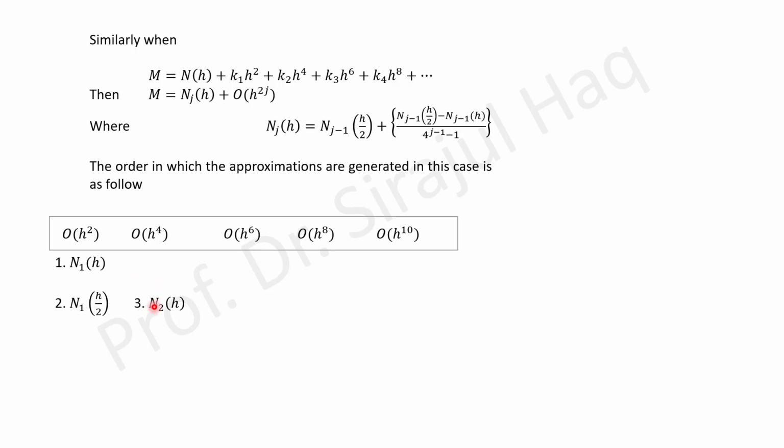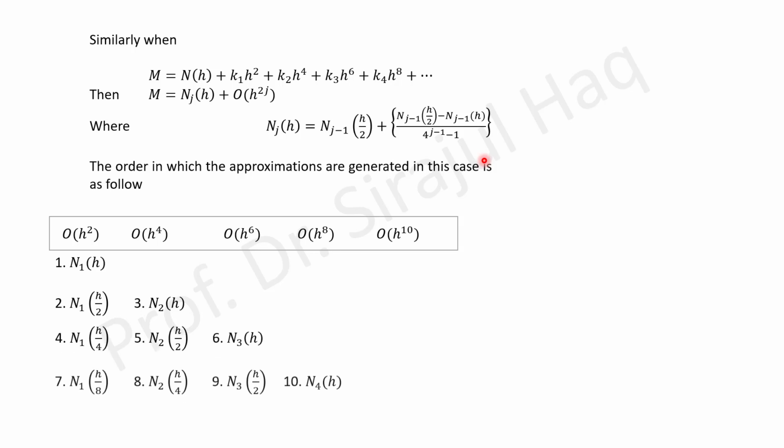But remember this time, when you are computing n2, your error is of order h raised to the power 4. So if you are using the formula with 2, then n2 of h gives you error of order h square. But if you are using this formula with 4, n2 gives you error of order h raised to the power 4. The construction of the table is in similar fashion.